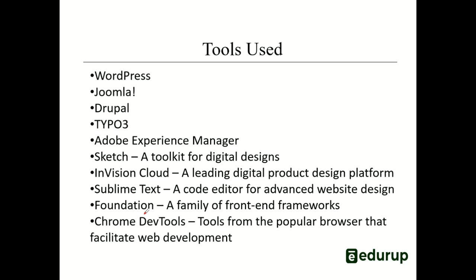And Foundation, a family of front-end frameworks. Chrome DevTools, Chrome development tools, from the popular browser that facilitate web development. Google Chrome is a popular browser nowadays. Everything we are searching on Google Chrome itself. It is more convenient, right? That is the reason we are using it. These are all tools we can use for web designing.